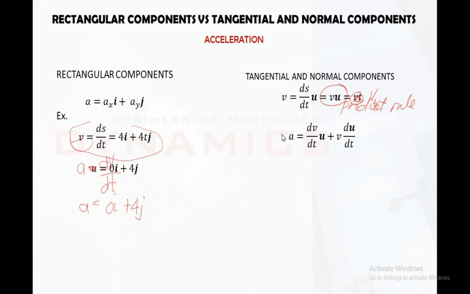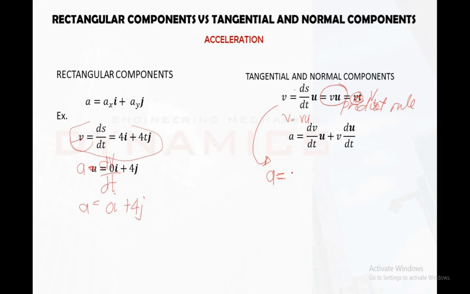Okay. Paano naging yung acceleration is equal to dv over dt u plus v du over dt? Again, I applied here the product rule under your differential calculus. Anong sabi dun sa may product rule? So, if I'm going to get the derivative of this one, v is equal to v u. Di ba, napag-aralan natin sa may differential calculus.